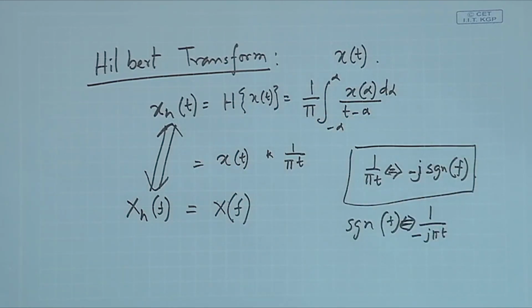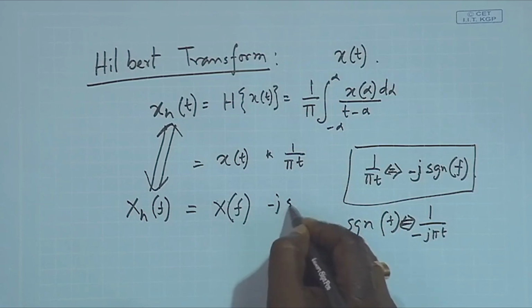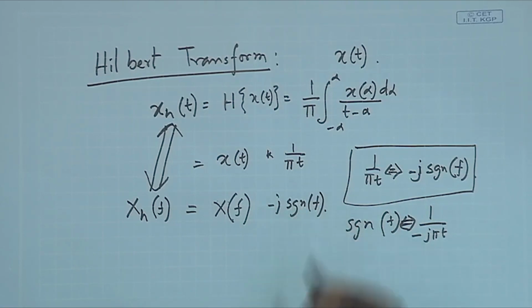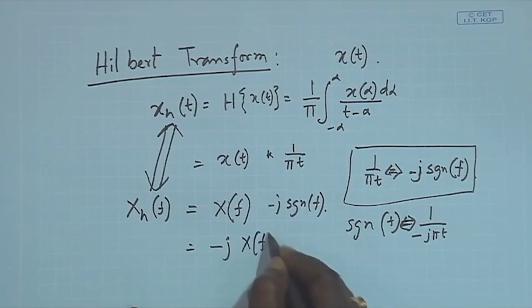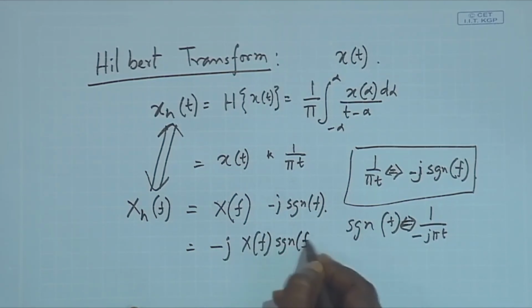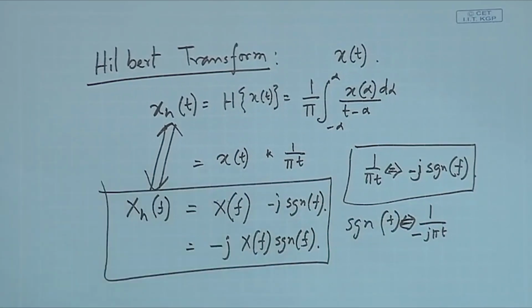So minus j signum f has a Fourier transform of 1 by pi t. So 1 by pi t has the Fourier transform minus j signum f, which gives Xh(f) as minus j X(f) signum f. This is something I know about the Hilbert transform.